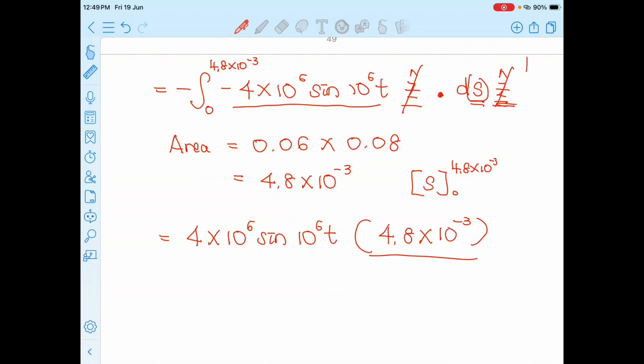That's why you got this. You multiply with 4 times 10 power 6, so it is equal to 19200 sine 10 power 6 t. So this is your transformer EMF.